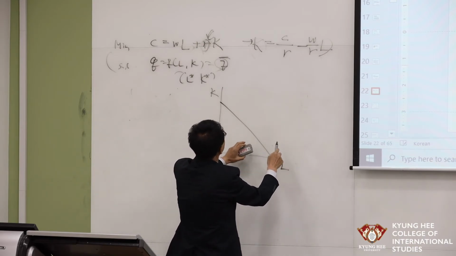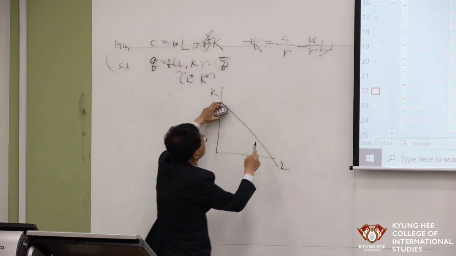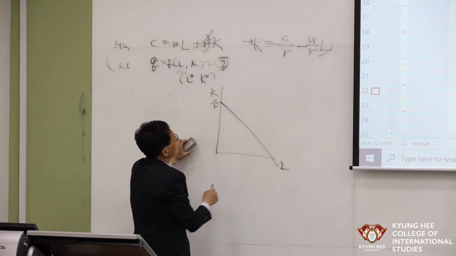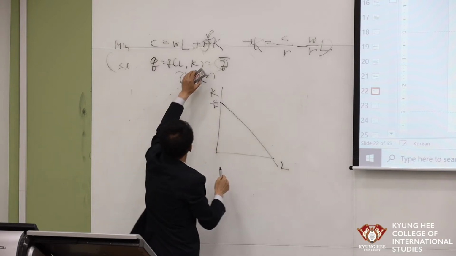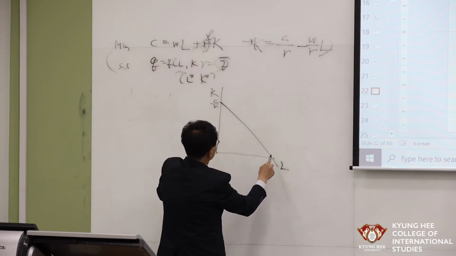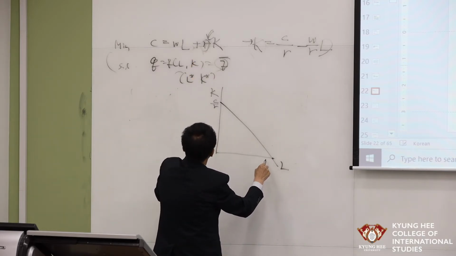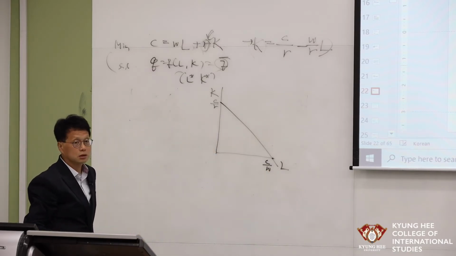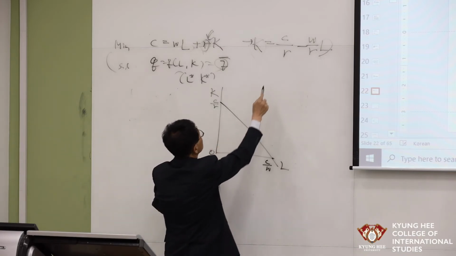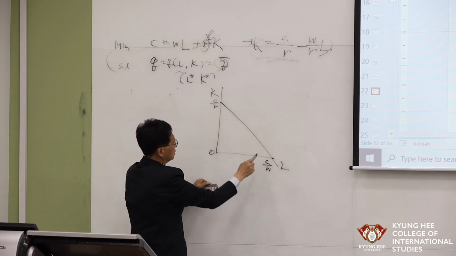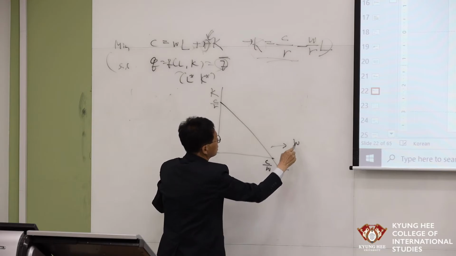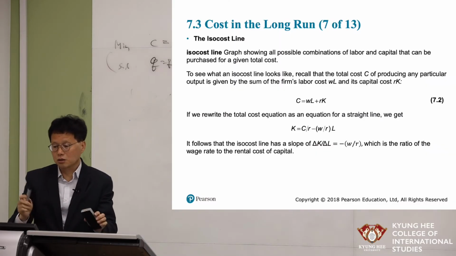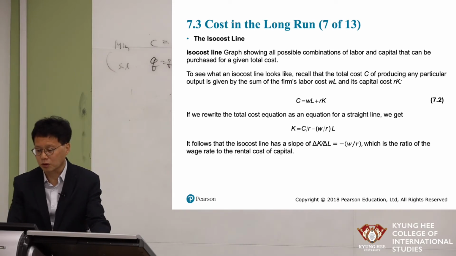If L is equal to 0, K is equal to C over R. If K is equal to 0, then L is C over W, like this, okay? And this is this graph. And the slope of this graph is minus W over R. The slope of the isocost line is minus W over R.